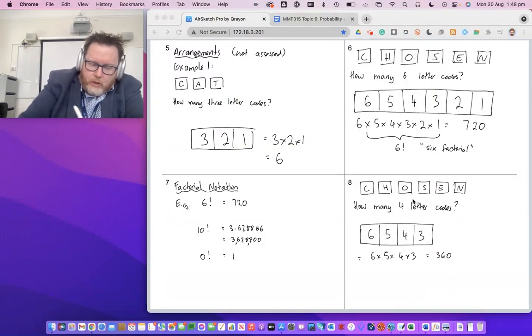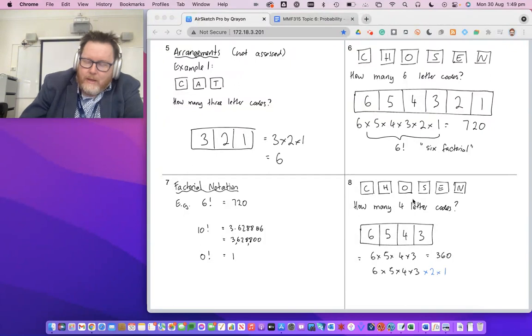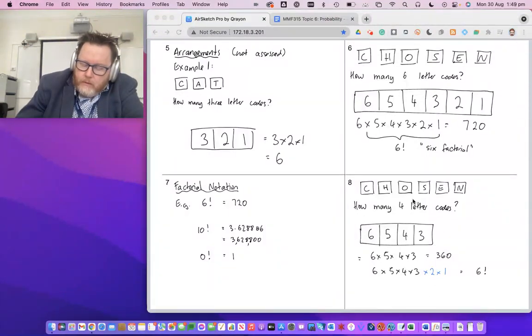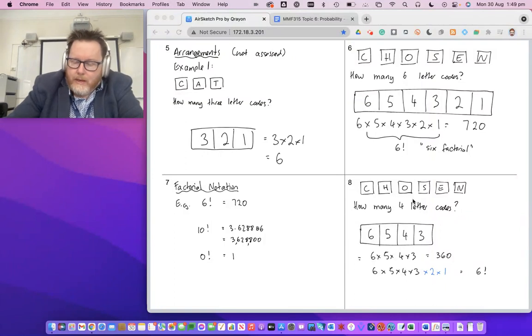What am I missing to use this factorial notation? I've got 6 times 5 times 4 times 3. I'll use a different color. I'm missing the times 2 and the times 1, so that's not too bad. So what I'll do, if I did have the whole lot, that'd be 6 factorial. But I have a 2 times 1 at the end there.